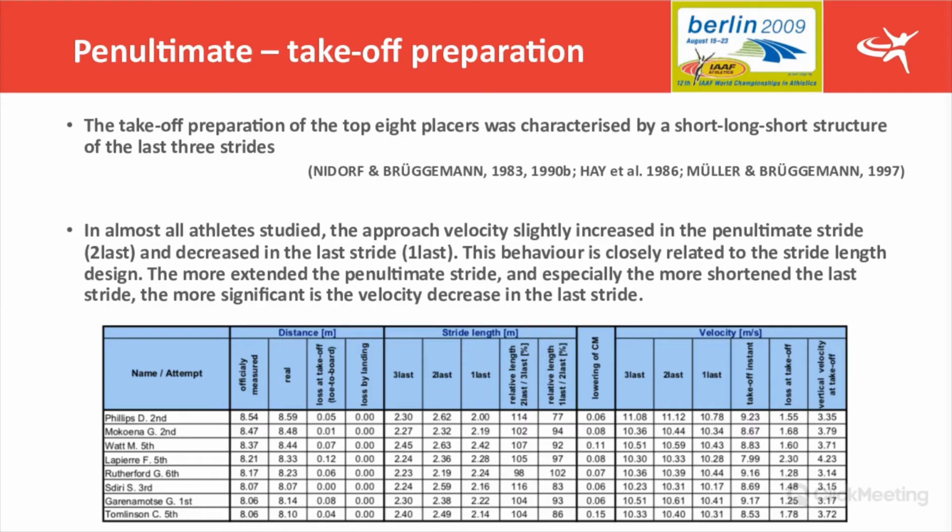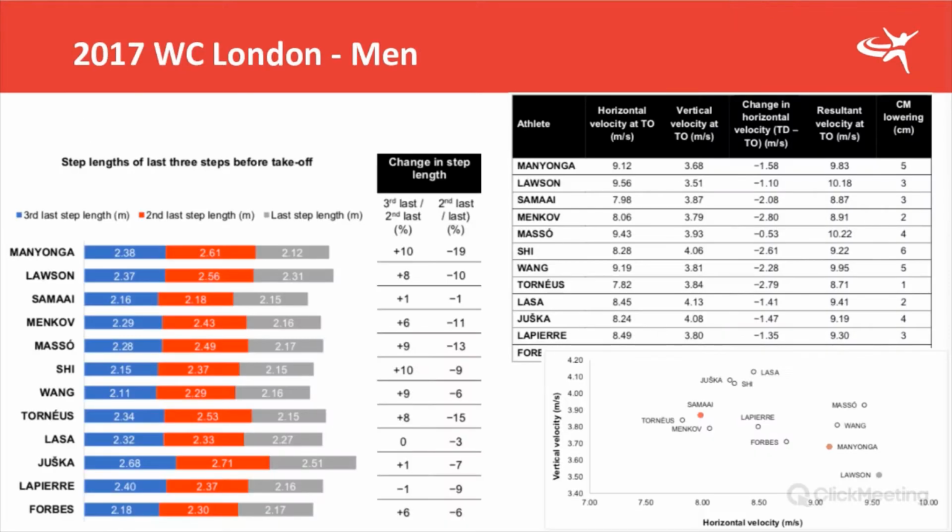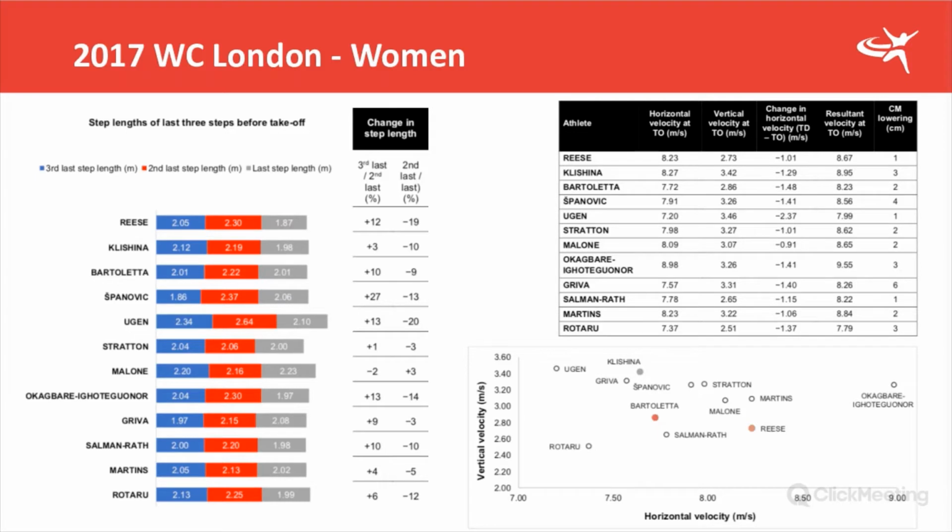Okay. Can you just flip back to the women's for a moment? So if you look at the women's data on the right-hand side, you can read a lot into the data, and you compare Blessing Okagbare and you look at horizontal velocity, which is 8.98 meters per second, far greater than Klashina's 8.27.